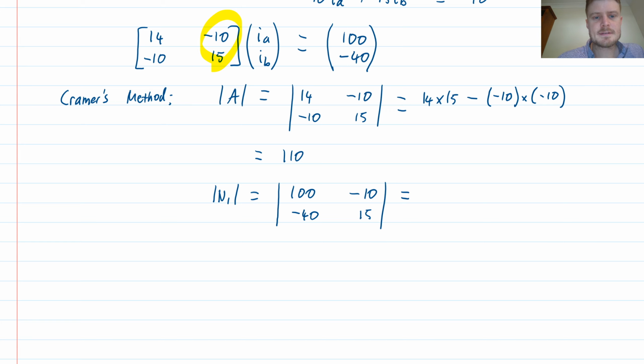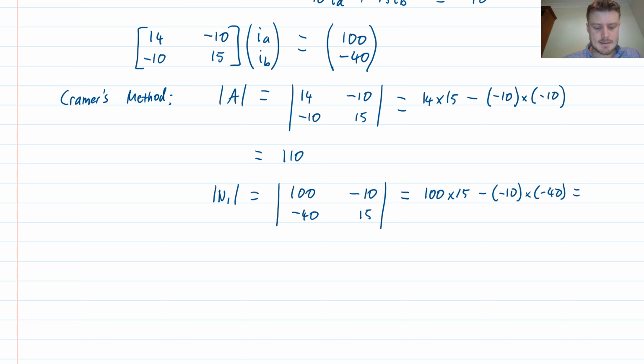To evaluate this determinant, again, I will use the diagonal products. So that is 100 times 15 minus minus 10 times minus 40.